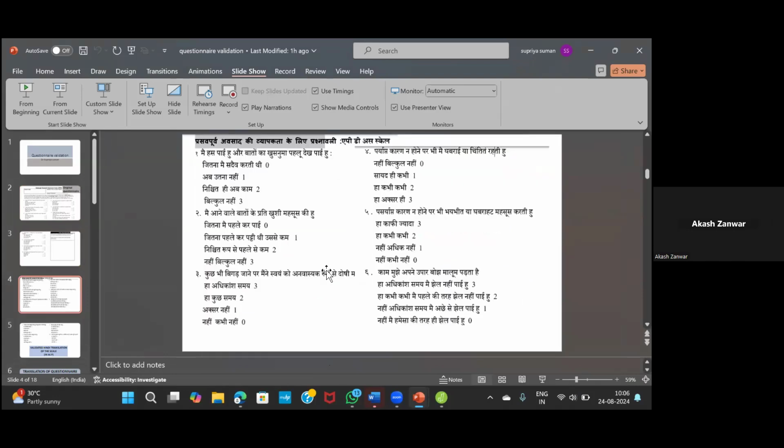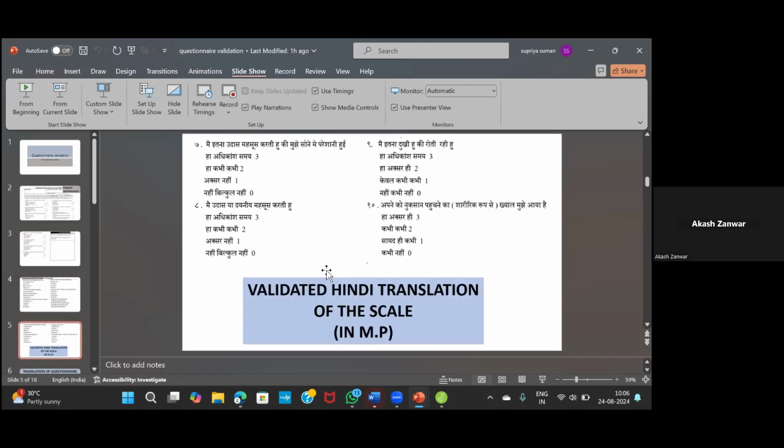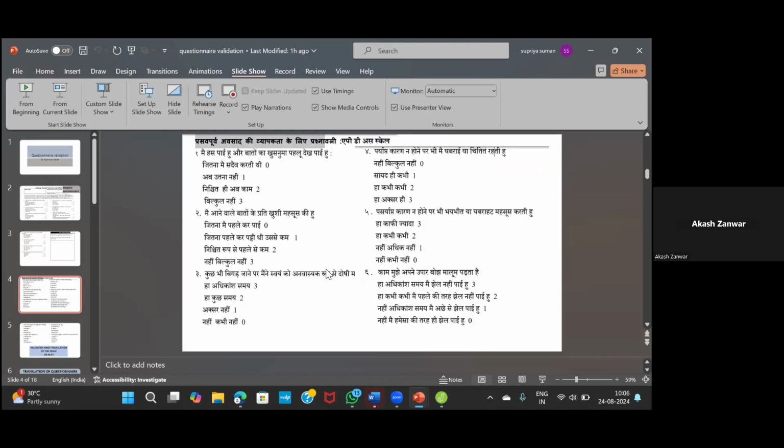The Hindi translation of this scale is also available in the public domain, but it has been translated in the Madhya Pradesh region. Because of the regional difference of Hindi language, there are some words, as you can see in the first question, like मैं हंस पाई हूँ और बातों का खुशनुमा पहलू देख पाई हूँ, and सबको अनावश्यक रूप से दोषी माना है, like पर्याप्त कारण ना होने पर.